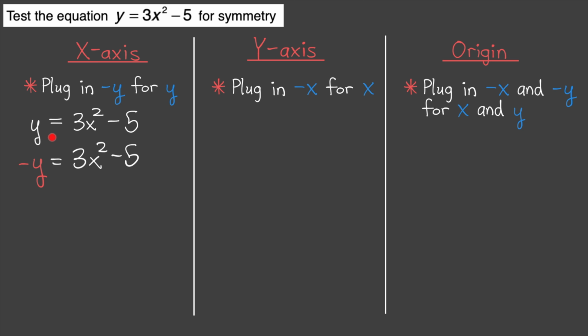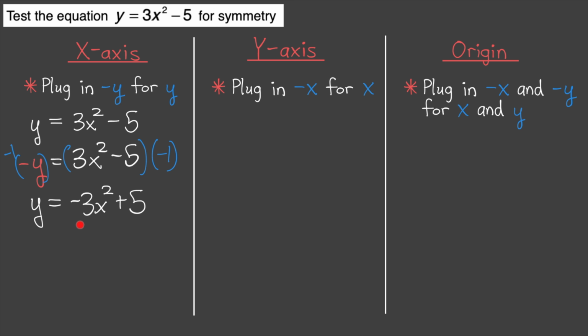So the original is this. I'm going to times both sides by negative 1 to get a positive y here. On the left side, we have negative 1 times negative y, which gives us positive y. Since we're timesing this side by negative 1, the signs just change, so we end up with negative 3x squared plus 5.